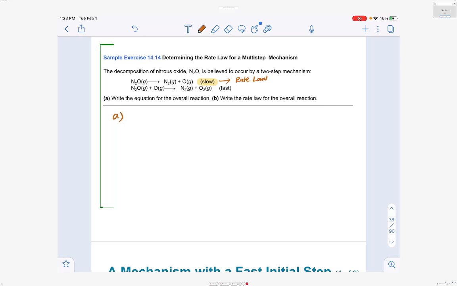So question A is asking to write the equation for the overall reaction, and B, write the rate law for the overall reaction. So in order to write the equation for the overall reaction, you write all the reactants out, you add all the products and see what you get for the overall reaction.